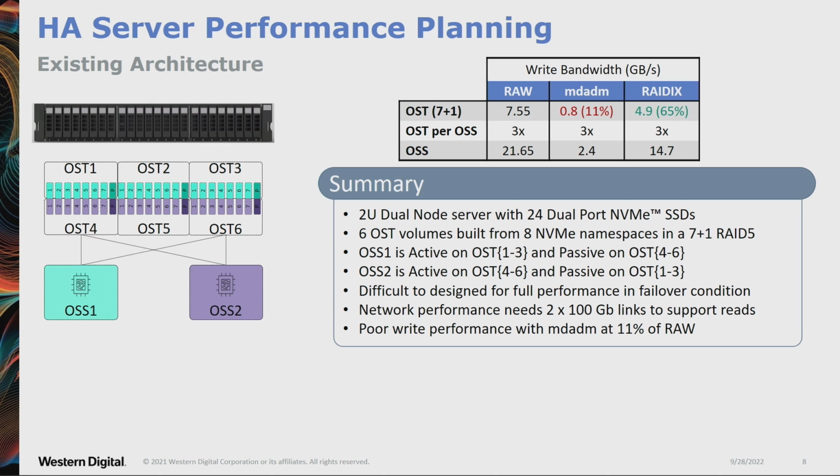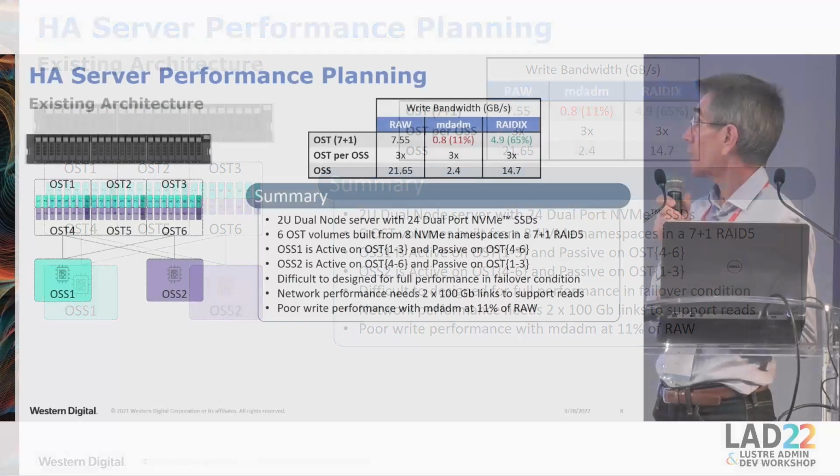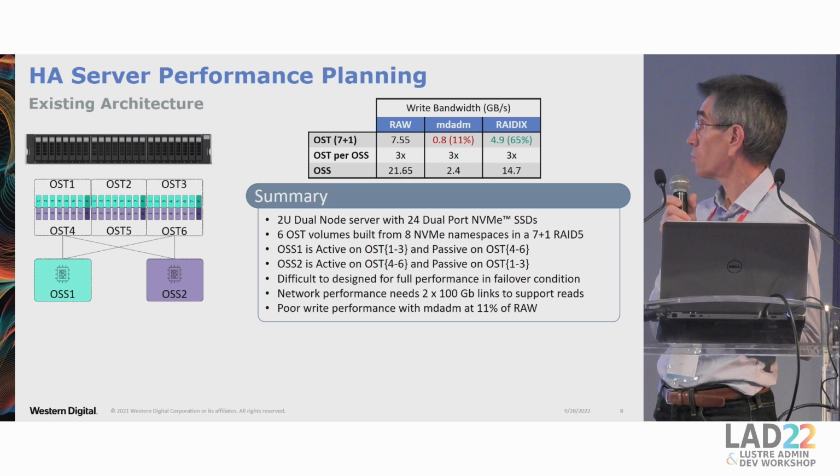So let's look at the traditional HA server performance and what you can get out of the 2U24 HA server. Basically, you have 24 devices, and you have 2 nodes, OSS1 and OSS2.